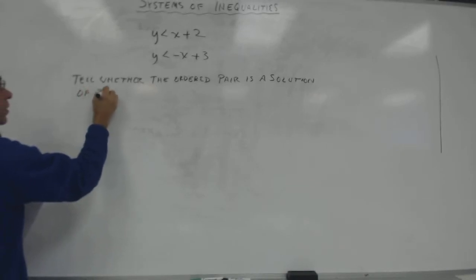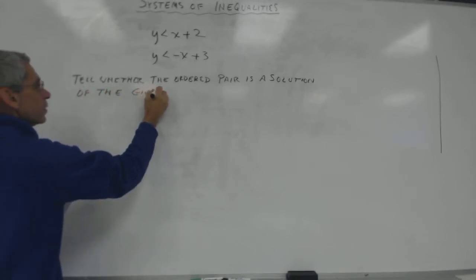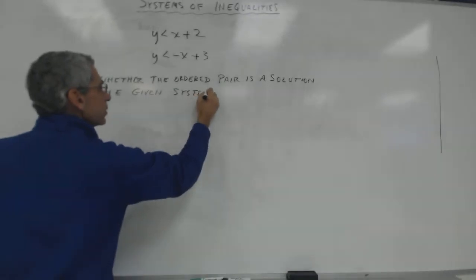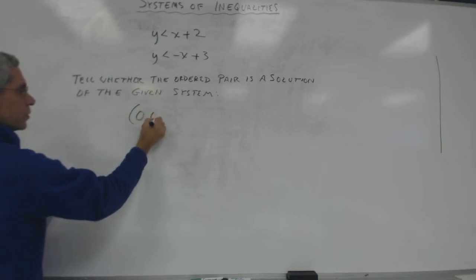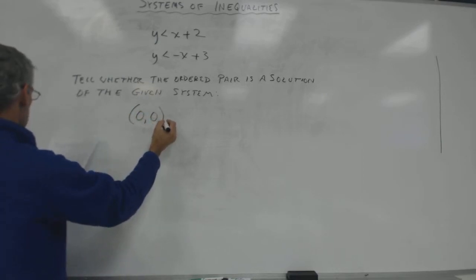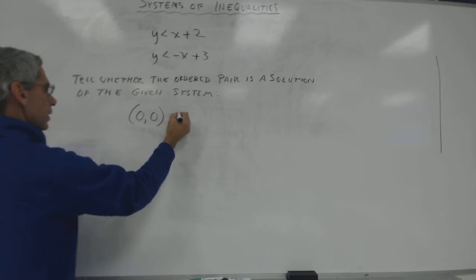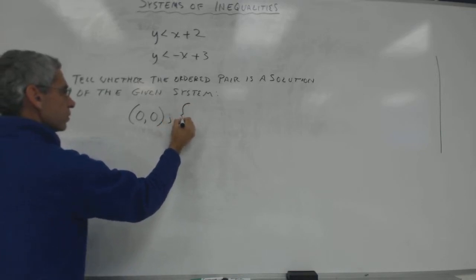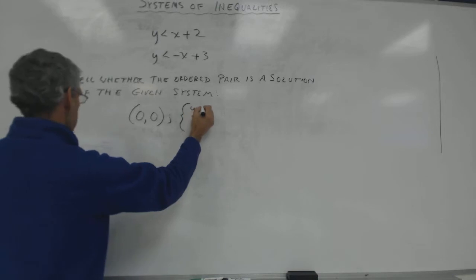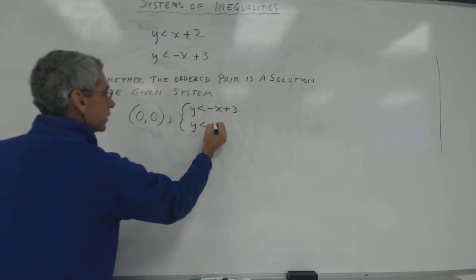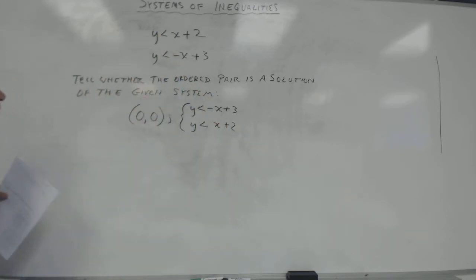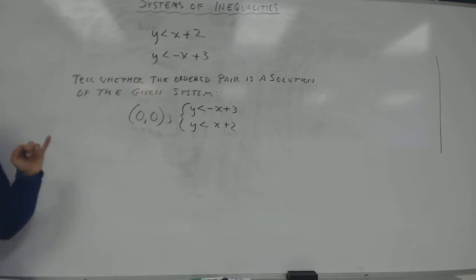You'll see something like this: 0, 0, then a semicolon, then a brace, and y is less than negative x plus 3, and y is less than x plus 2. That's the kind of question you're going to get a lot of times with these.